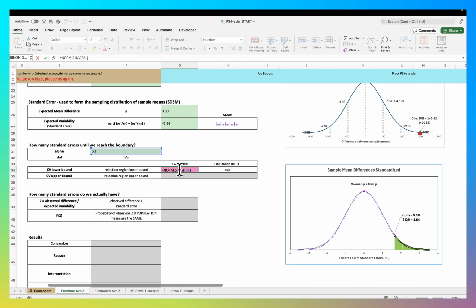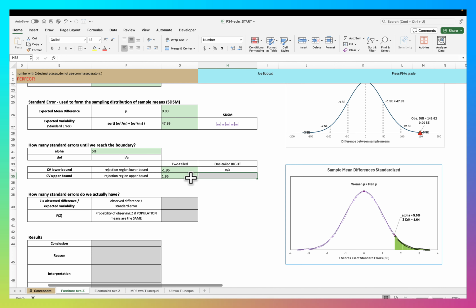But not exactly, because this would be the two-tailed example. We're going to do the two-tailed and then the one-tailed. So we'll divide by 2. There's our lower bound. And then for the upper bound, NORM.S.INV, and this will be 1 minus the probability divided by 2.